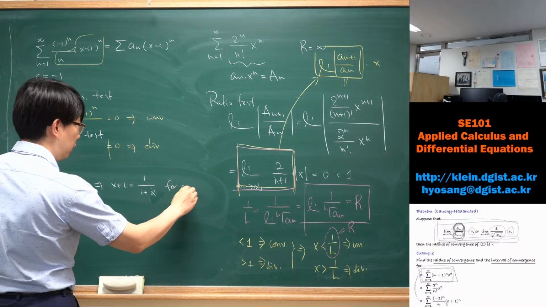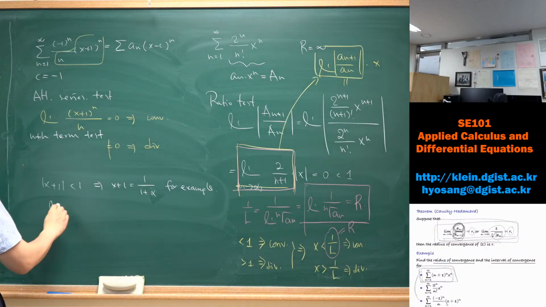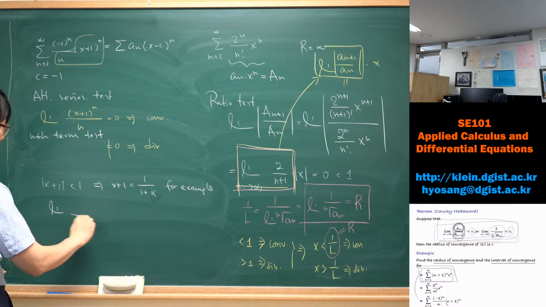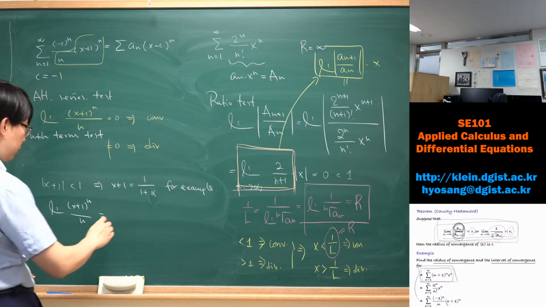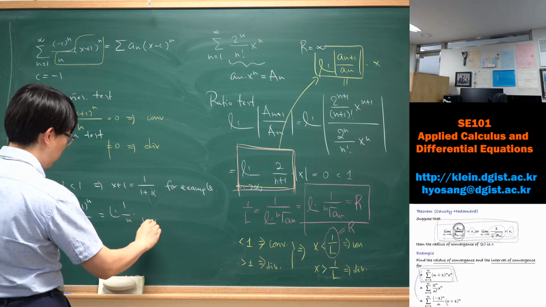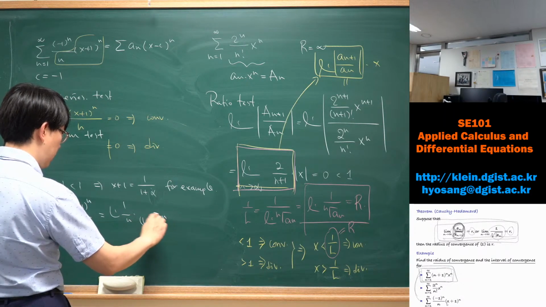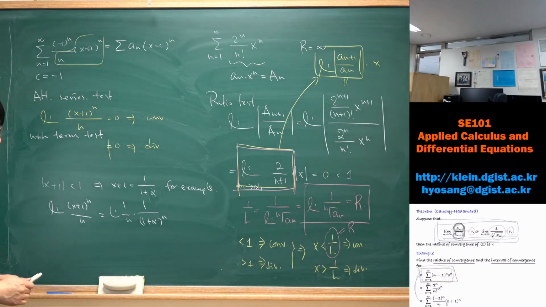For example, take an example here. The limit of (x plus 1) to the power of n becomes the limit of 1 over (1 plus alpha) to the n.